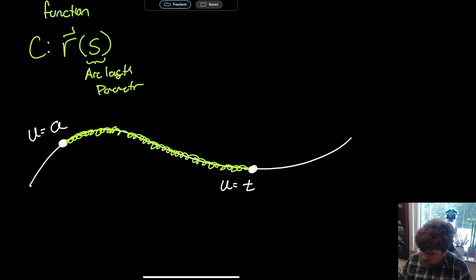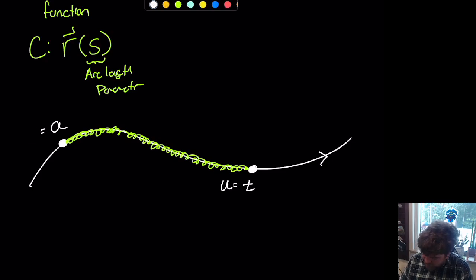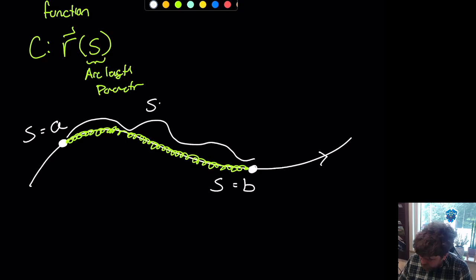So if I reparameterize this curve in terms of not u, but instead in terms of s, and let's say we go from maybe a to b instead of a to t, now what we get is that this length right here is equal to, so the arc length, not necessarily the parameter s.